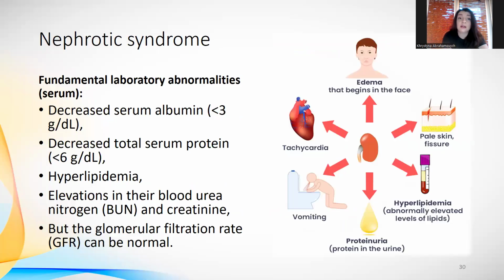Next, fundamental laboratory abnormalities in case of nephrotic syndrome are: decreased serum albumin, decreased total serum protein, hyperlipidemia, elevation in the blood urea nitrogen and creatinine, and in this case, students, glomerular filtration rate may be normal.